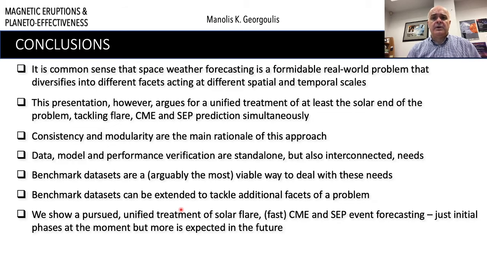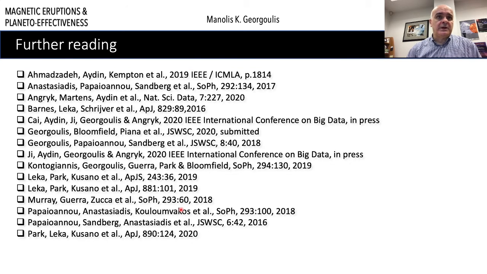And finally, we can show how we can pursue a unified treatment of solar flare, fast CME forecasting, and SEP event forecasting. These are just initial phases, but we hope to have meaningful results to show in the near future, more or less.